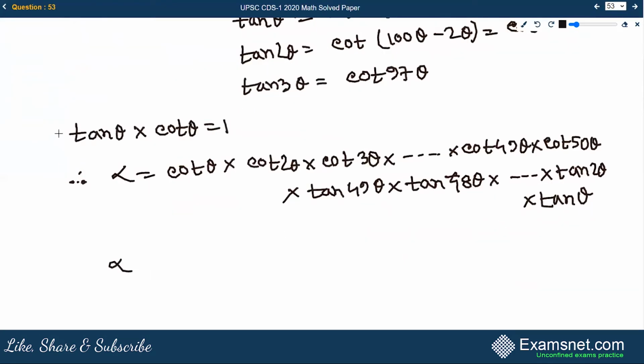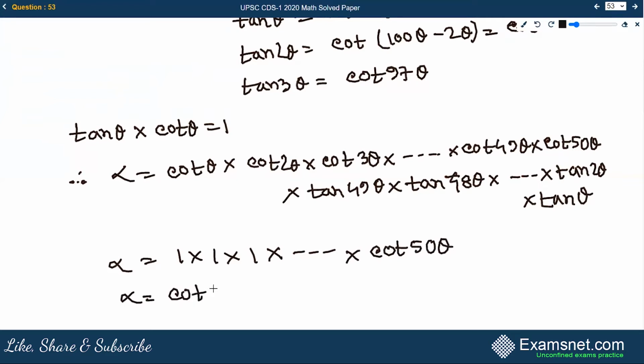Since tan theta and cot theta are reciprocal to each other, each pair gives us 1. So this will become 1, 1, 1, and so on, and only cot 50 theta will be left. So alpha becomes cot 50 theta.